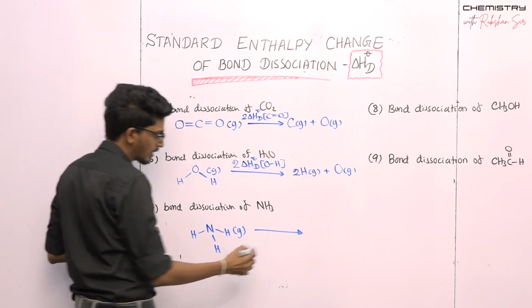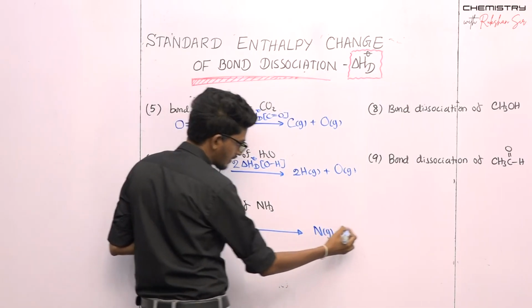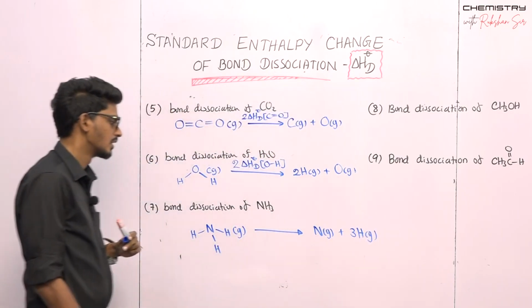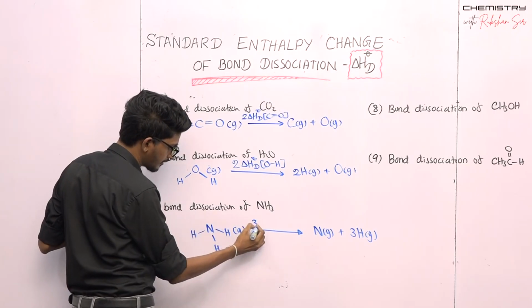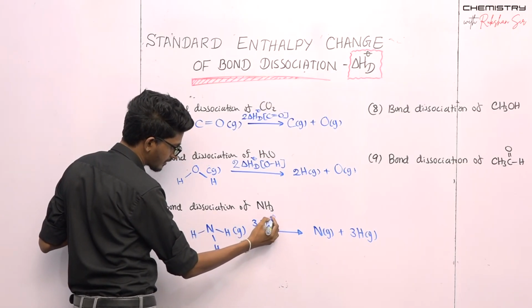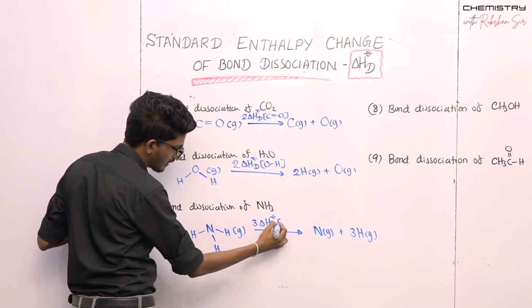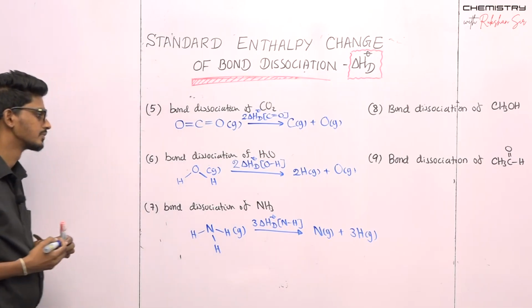If you have to come up with the monoatomic forms, that will give you 1 nitrogen atom and 3 hydrogen atoms. So what is the enthalpy change needed here? You need to break 3 NH bonds. So you need to apply 3 times the average bond dissociation enthalpy of NH, right? Clear?